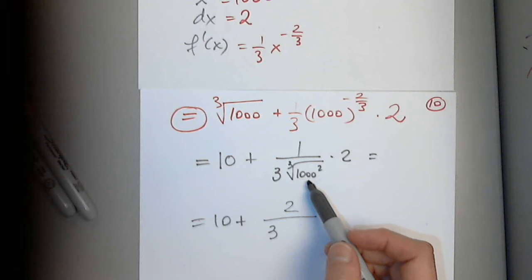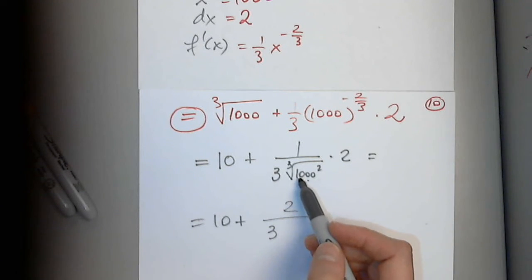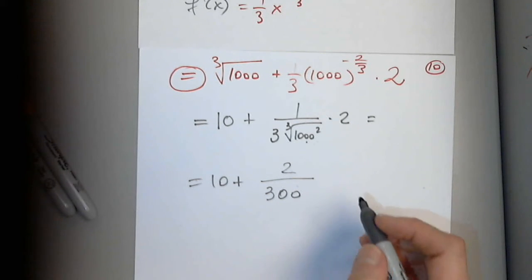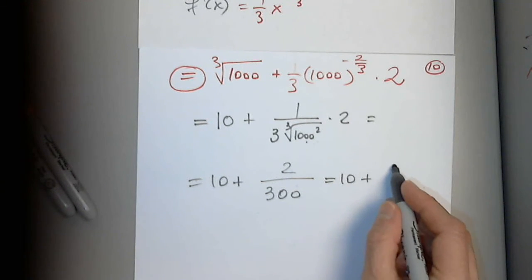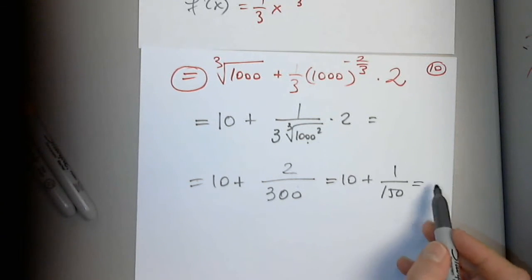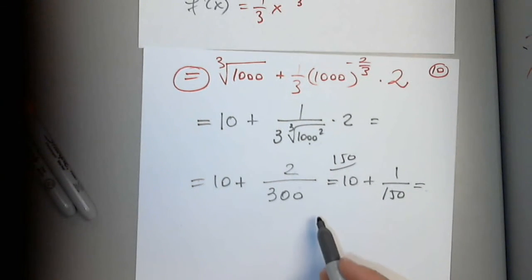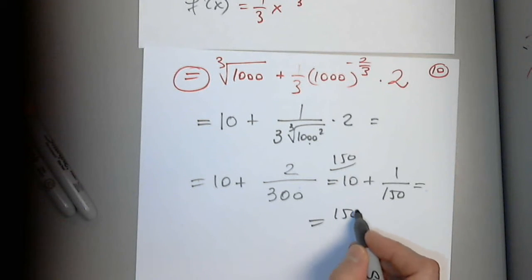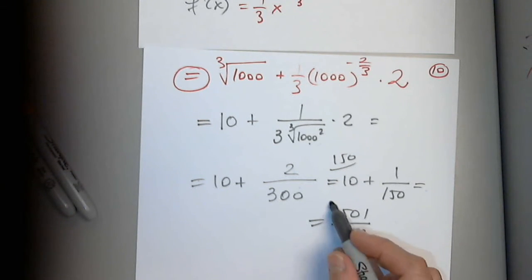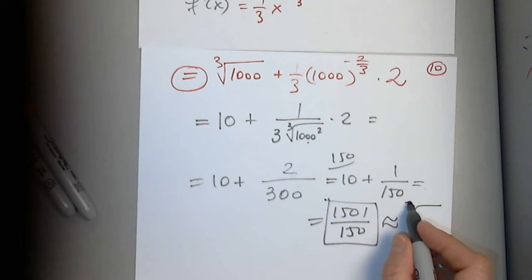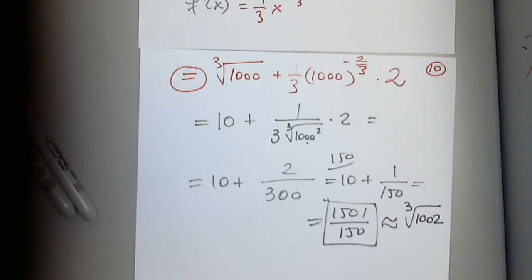The cube root of 1,000 is 10 times another 10, so this is 300. So this is 10 plus 1/150. Or when you multiply, 1,500 plus 1. This is a very good approximation of the cube root of 1,002.